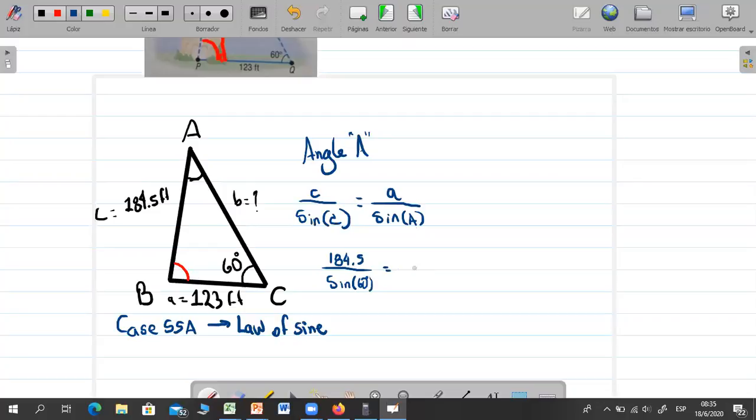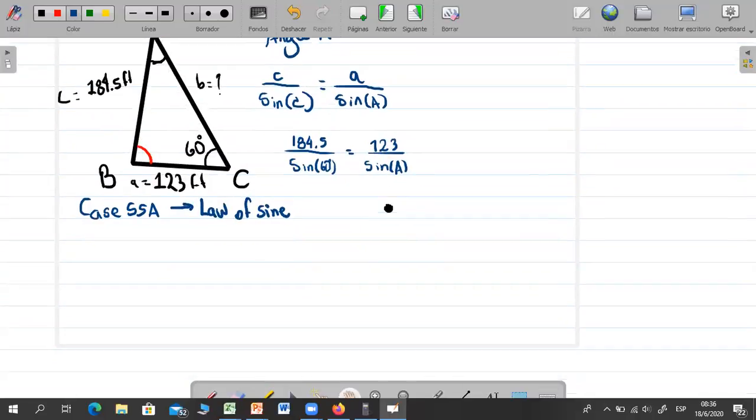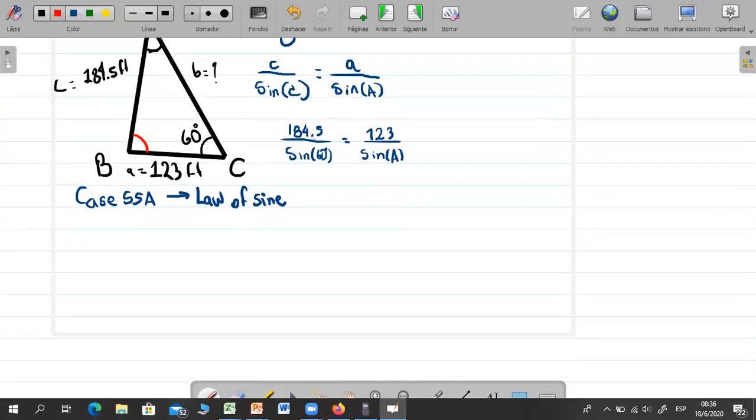That's gonna be equal to A, which is 123, over sine of A, which is the unknown. Okay, so here we have the exercise. We're gonna concentrate on it and solve it. You can apply the cross product property in order to solve that quickly, or translate to the other side, applying the skills you already gained through all those years of algebra.